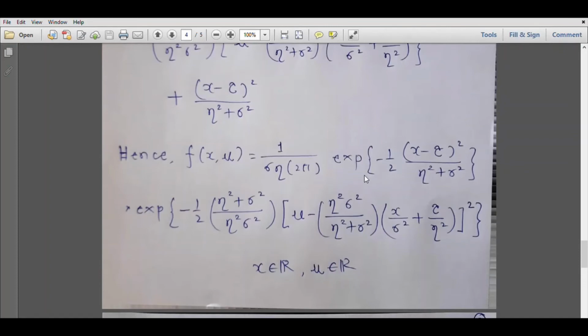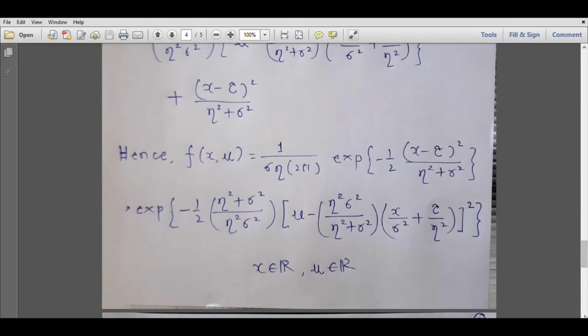So notice that if I look at this as a normal PDF, then it looks as if x has mean tau and the variance of x now is eta square plus sigma square. So to make this a normal PDF, what I'll have to do is take 1 upon under root 2 pi into 1 upon root of eta square plus sigma square. This term I'll have to adjust here. Similarly, I'll have to adjust terms here. So let us see how it can be done.